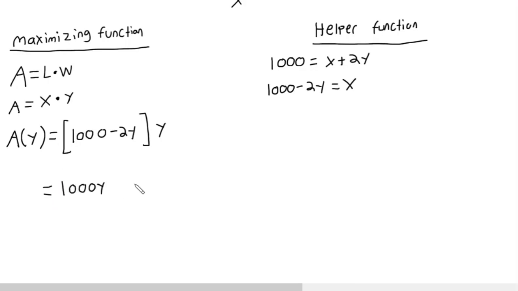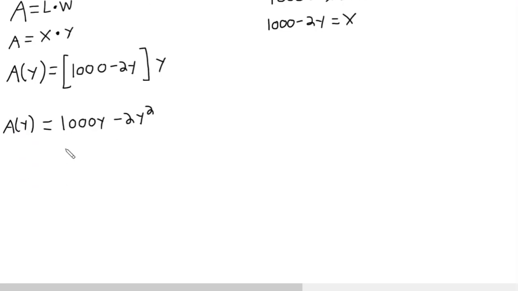We have 1000y minus 2y squared, and that's my A of y function. So now all I have to do is differentiate this with respect to y. So A prime of y is equal to 1000 minus 4y.